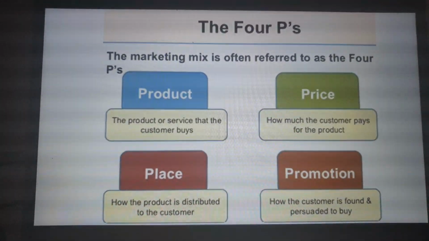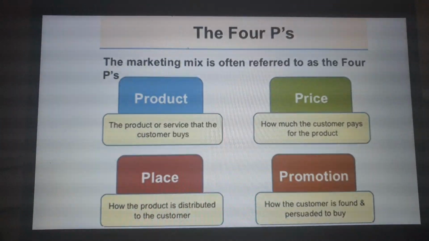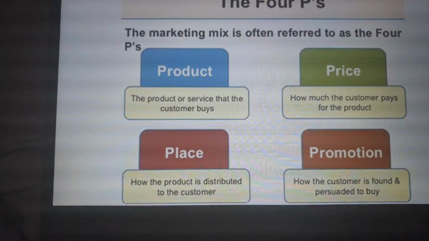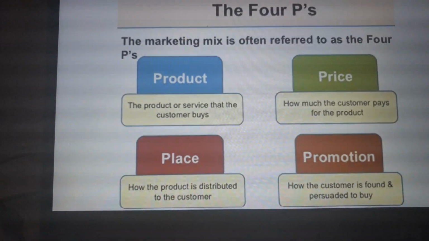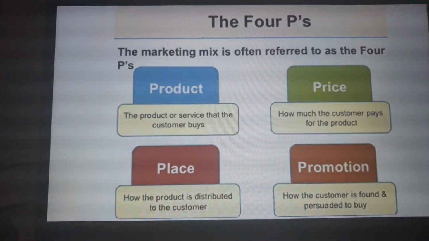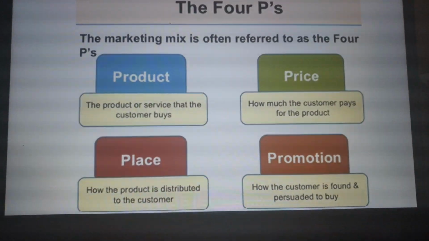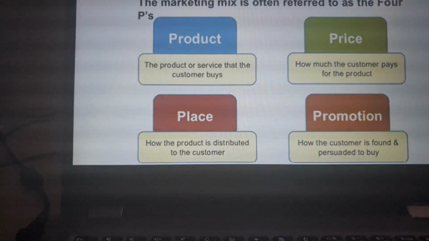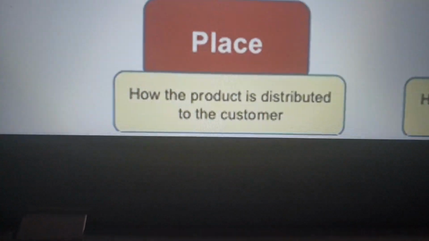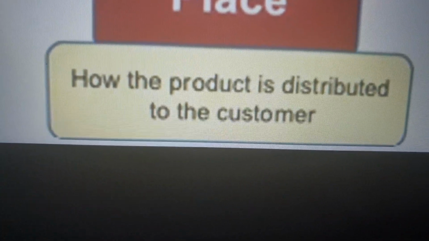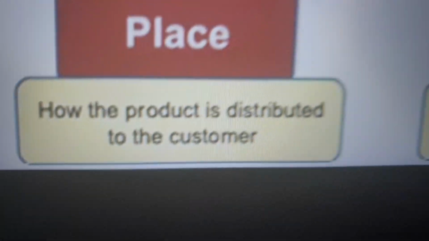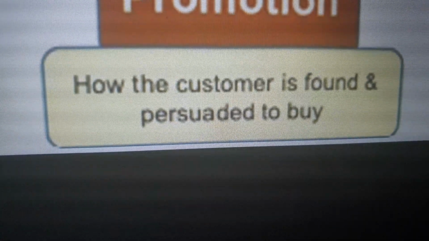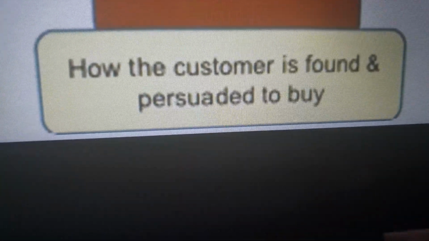The marketing mix is often referred to as the 4 P's, and we have seen product or service, what the customer actually buys. Price, how much the customer pays for the product. Place, how the product is distributed to the customer. And promotion, how the customer is found and persuaded to buy.